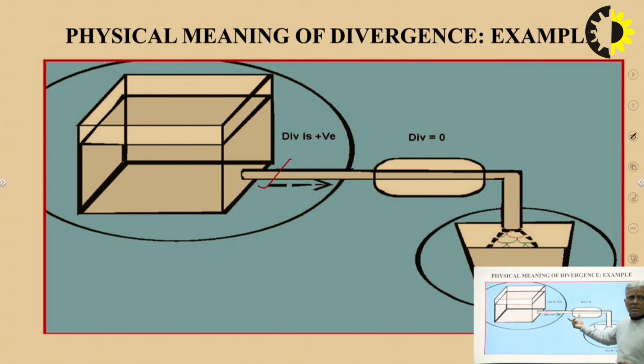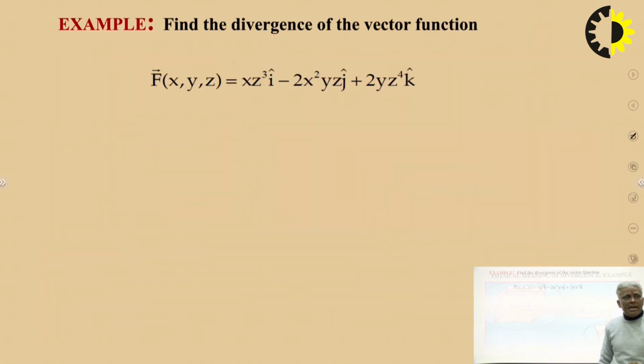In this position there is no loss of fluid when fluid is passing through the two points, and that is known as a solenoidal vector point function. And there is a negative divergence where there is a sink, that is known as negative divergence.